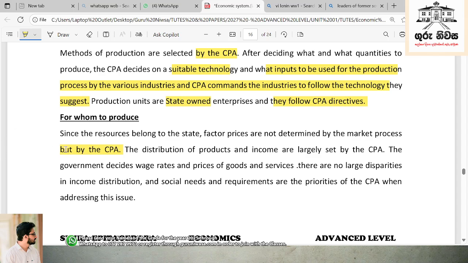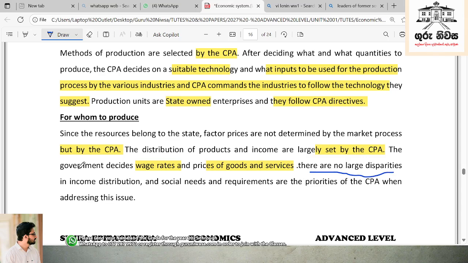The distribution of products and income are largely set by the CPA. The government decides wage rates and prices of goods and services. And there are, highlight this point, no large disparities in income distribution. It doesn't mean that income distribution is equal.